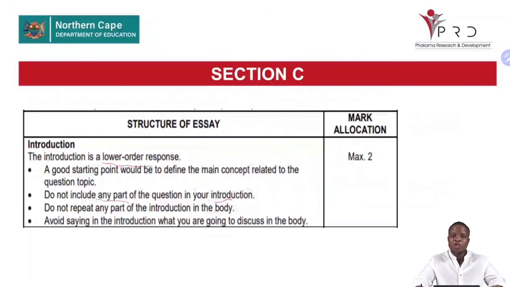But when we get to the body, we are no longer marking the facts of granting property rights, so you may lose more marks in the body because you prioritized the introduction for 2 marks. So rather bring a lower order description there, put that statement there, and do not repeat the statement again.